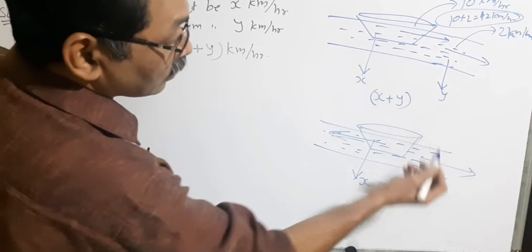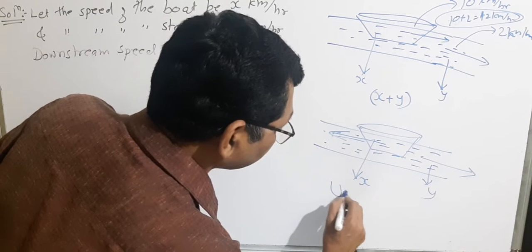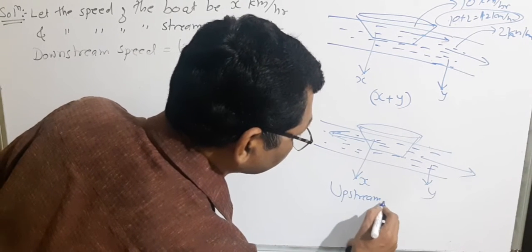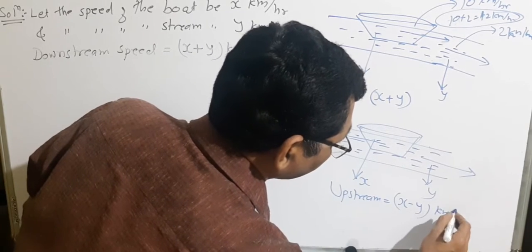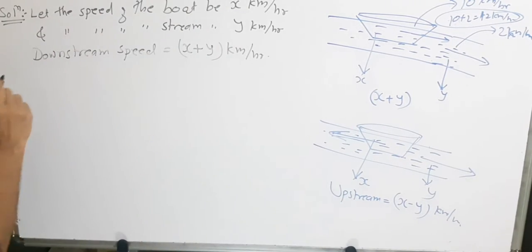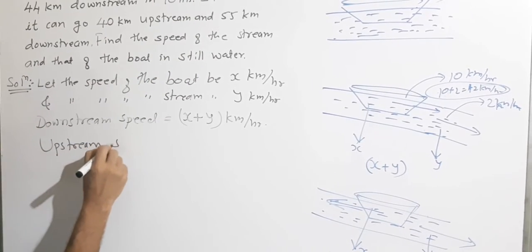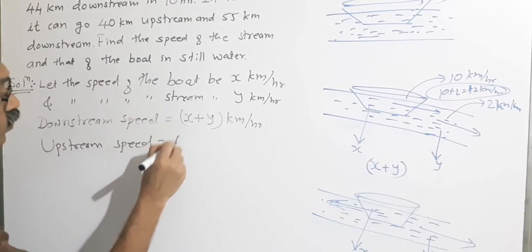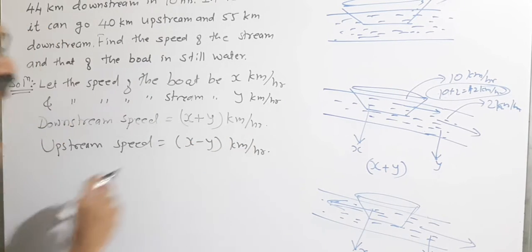Therefore, the upstream speed will be x minus y kilometer per hour. So is it clear?